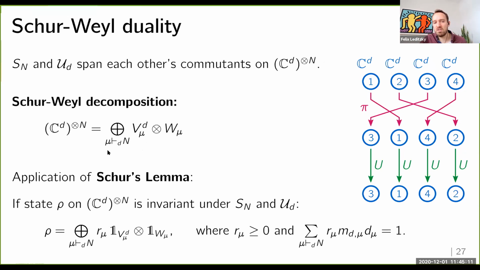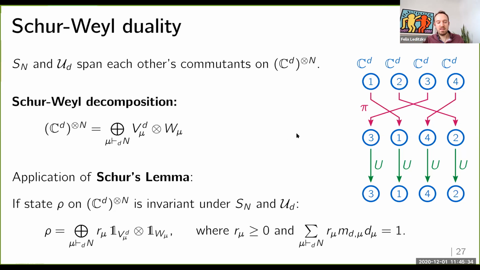It runs over all partitions of n into at most d parts that are ordered. And then in each block of this matrix, I have a tensor product of the irrep for the unitary group and the irrep for the symmetric group. Okay, so this is what I meant by the two representations play nice with each other.